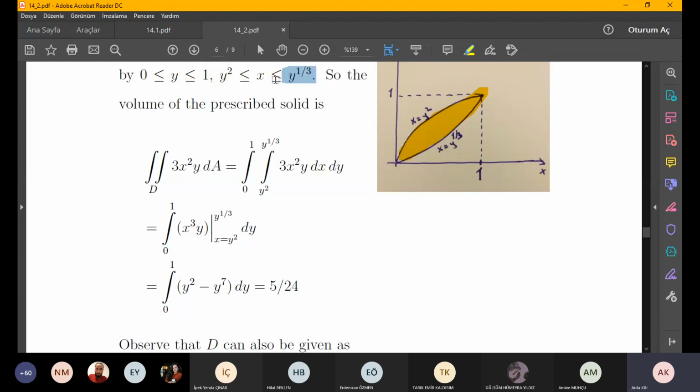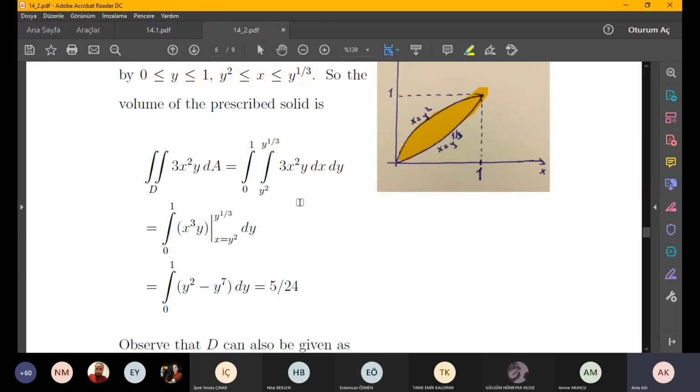The lower limit will be y squared and the upper limit will be y to the power 1/3. Then you have to write the boundaries of y, which is 0 to 1, so 0 is the lower limit and 1 is the upper limit of integration.